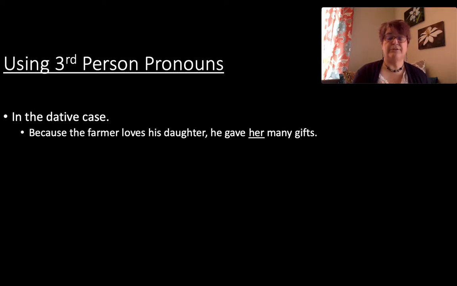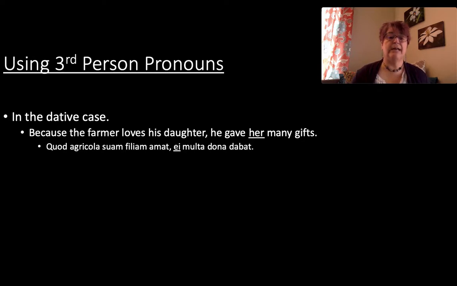In the original sentence where daughter appears, she is the direct object of the sentence. That word will be in the accusative case. But her is not the direct object. Her is the indirect object. And for that reason, when I write her, I must write it in the dative case.